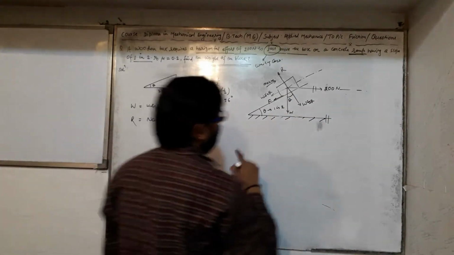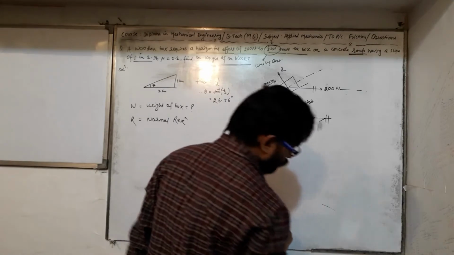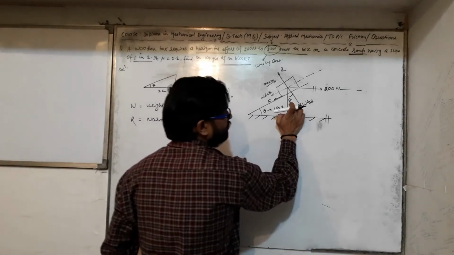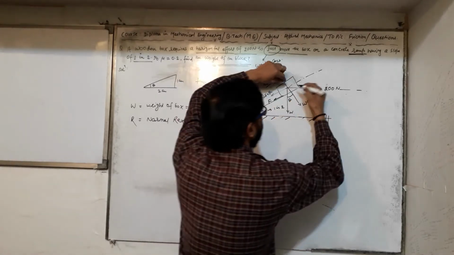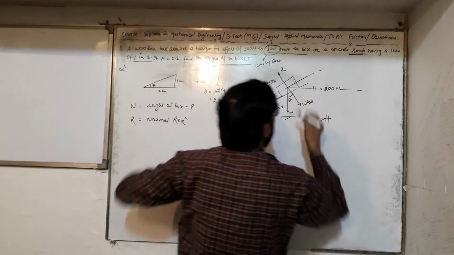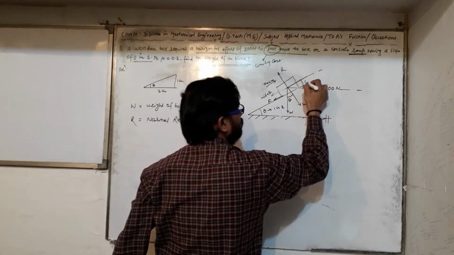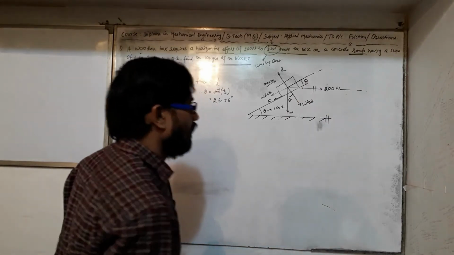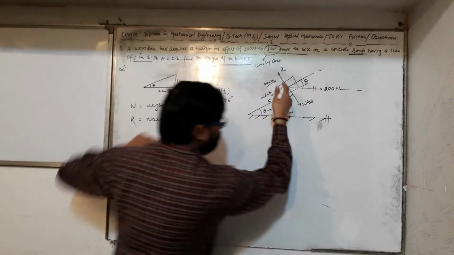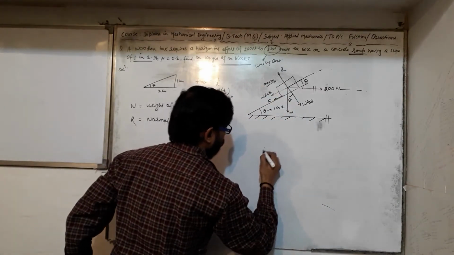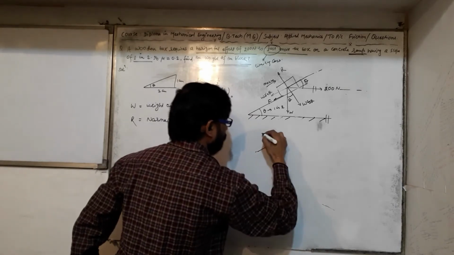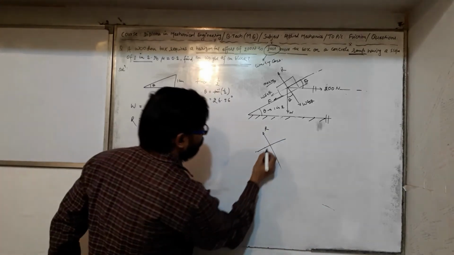Let me break it down. This angle is theta. See, my dear students, here this angle is theta, and this angle must be equal to theta. See how. Now if I take this as a free body diagram, this is the normal reaction.